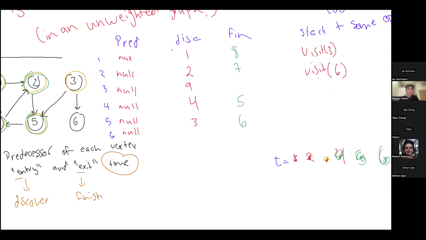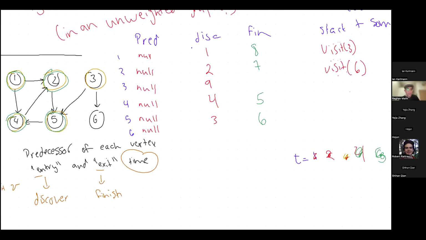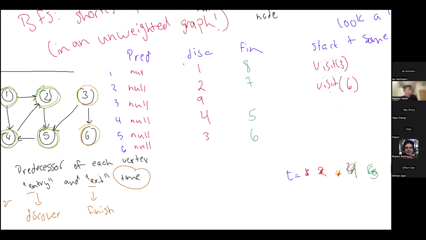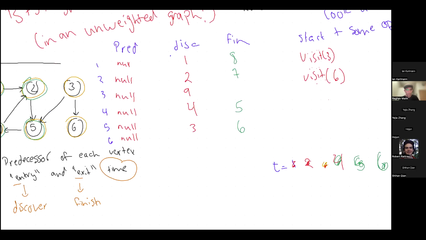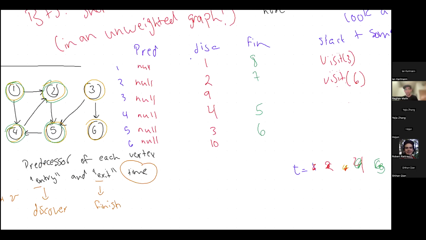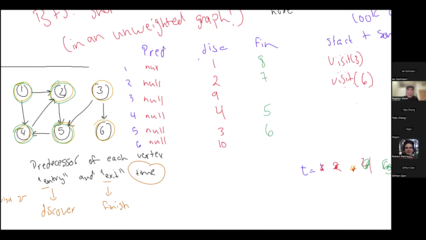So now I call visit 6, which means I mark 6 as being in progress, increment the time, record the visit time as, yep, 10. And then it has no outgoing edges, so there's nothing to do in that for loop. So I'm done.